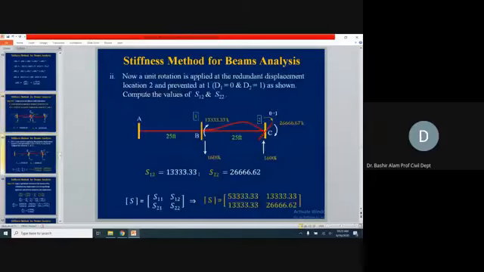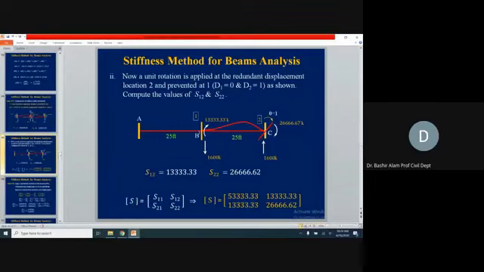Now, second column. D1 we keep fixed at 0, and D2 we apply a unit clockwise rotation, and this is the deflected shape of how it is going to be. Tangent here, it will be again clockwise. Again 4 EI theta divided by L, 2 EI theta divided by L, 6 EI theta divided by L square.